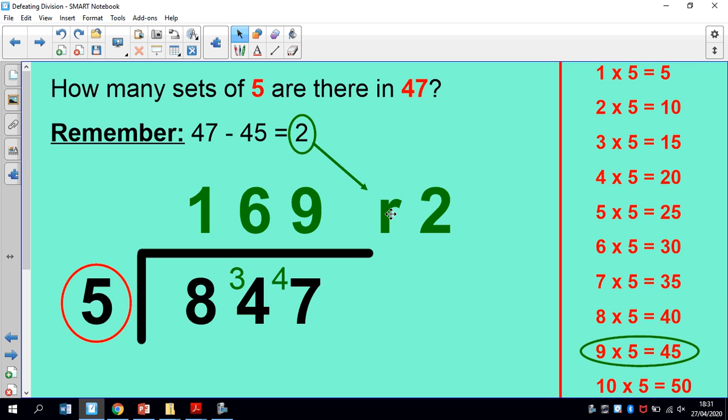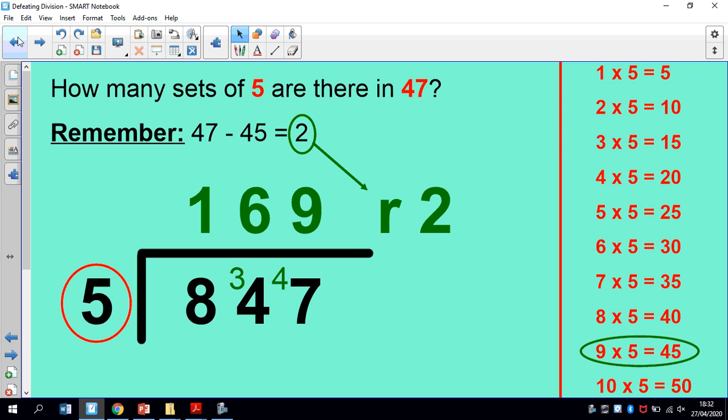Okay, we need to include that small r and the value of the digit next to it, and your final answer would be 169 remainder 2. When you divide 847 by 5, you get 169 remainder 2. It's very important that we make sure that remainder 2 is included in the answer there, guys.